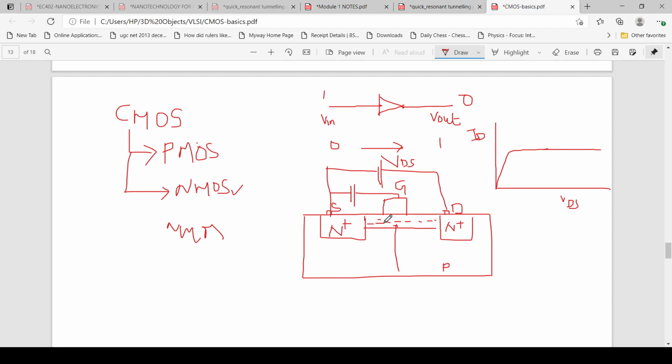If the VGS is 0, I can redraw this picture. If the VGS is 0, there is no current. So the circuit is off. This NMOS circuit is off. When we start to increase this VGS, correspondingly there will be an increase in current.